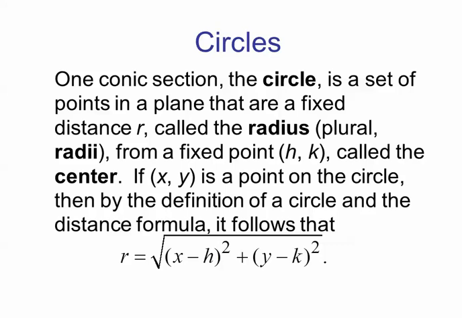So the distance formula is going to tell us that if the radius is the distance from the center, (h, k), to any (x, y) on the circle, then we know using distance formula that the radius is this. Okay, we're using h and k as our x2, y2, and x and y as our x1, y1.